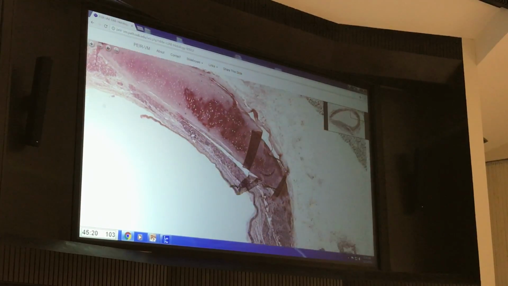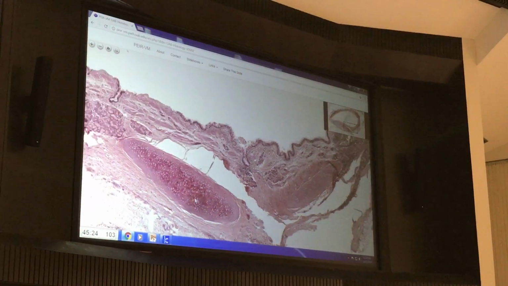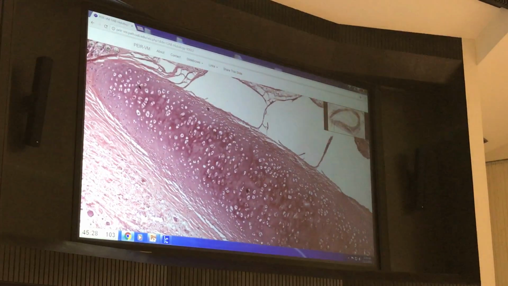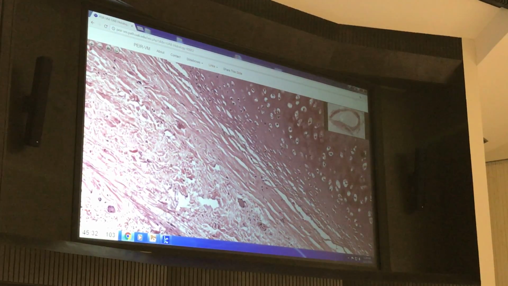All of those pieces will be wrapped in a nice dense regular connective tissue. You can see irregular here, very regular here, and that's just the main difference between those two.